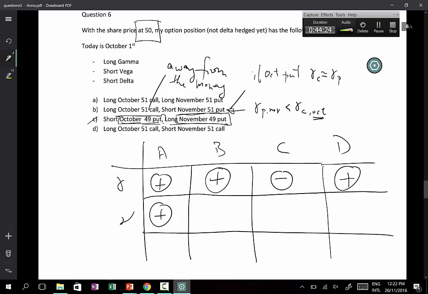And then I'm short another one, but this one is a longer term. Now a longer term option will have more Vega sensitivity. And if I'm short this one, so this one would have a higher Vega.